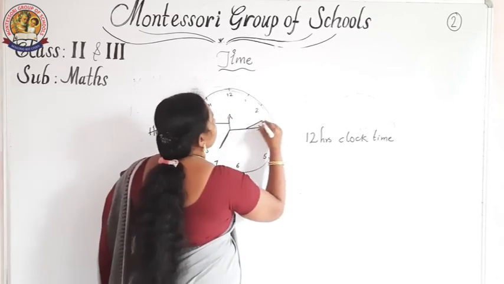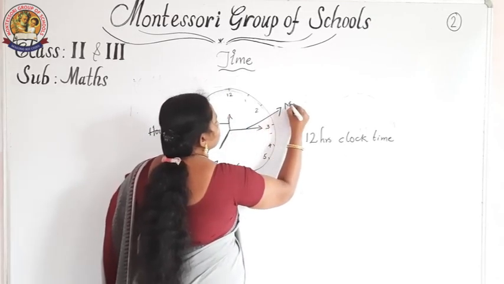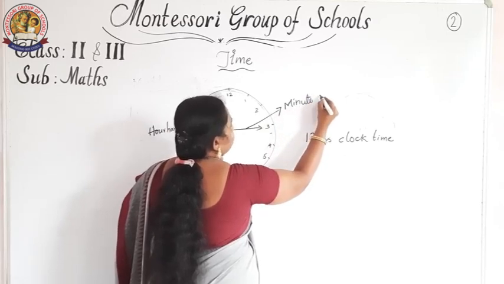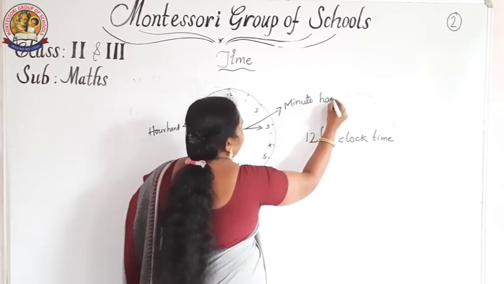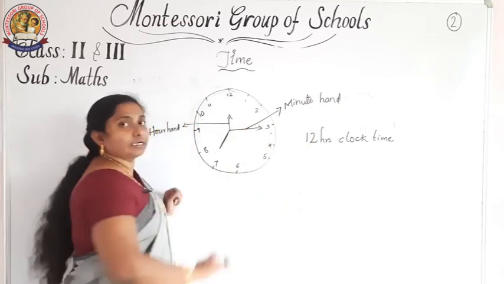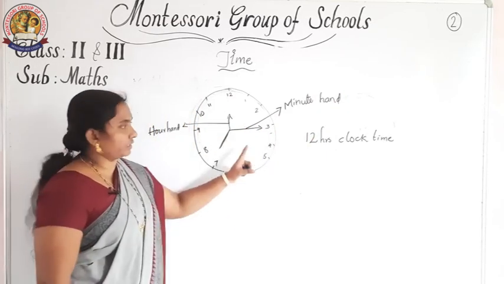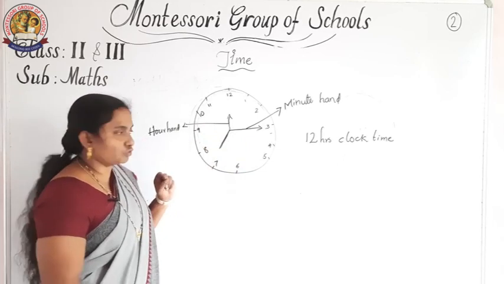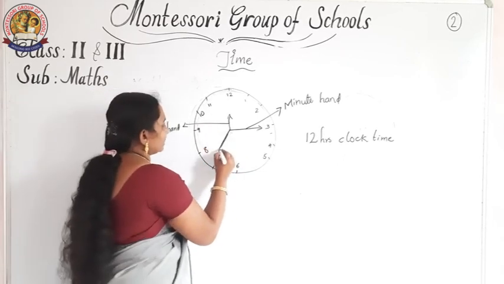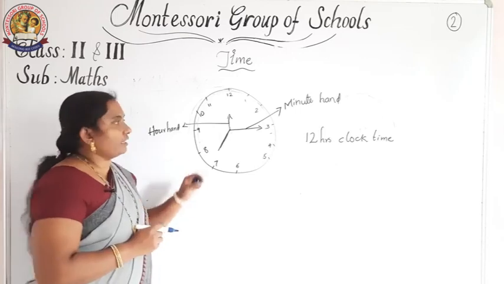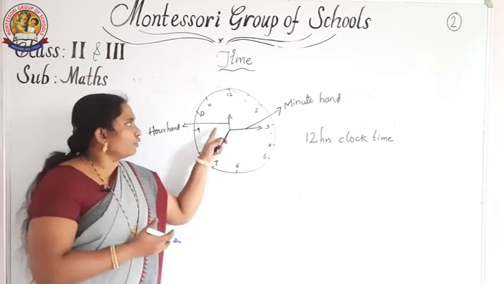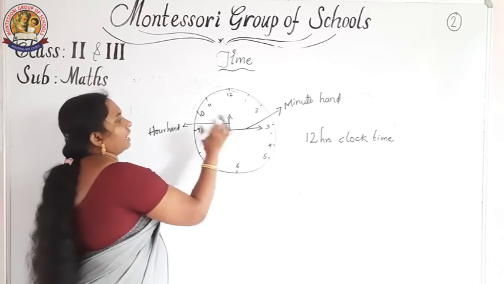Now this is the minute hand. This is the long needle. The minute hand shows the minutes in a clock. Understood? Now this is the seconds hand. In school days or at home, we use the hour hand and minute hand.